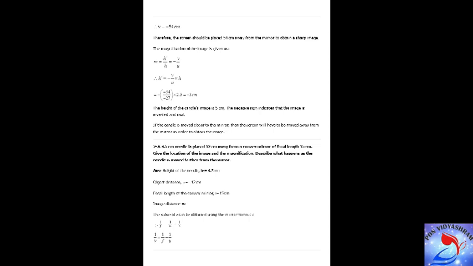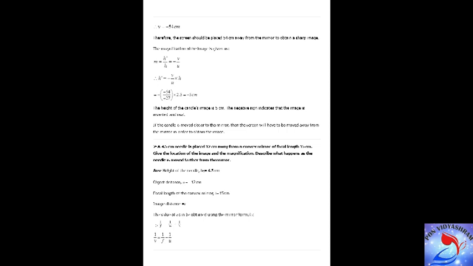And the negative sign, as it is a concave mirror, means we get a real and inverted image. If the candle is moved very close to the mirror, then we have to move the screen away from the mirror. That's it.